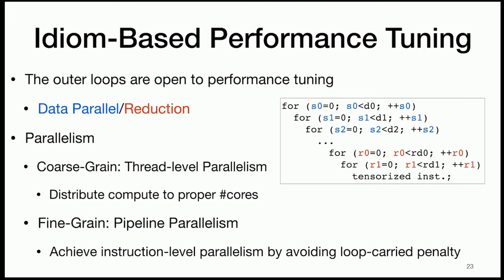By coarse-grained, we mean the parallelism achieved by multi-threading and multi-core. By fine-grained, we mean instruction-level parallelism achieved by pipelined execution. More specifically, when putting a reduction loop in the innermost, the loop-carried accumulation may cause a read-after-write hazard penalty, which should be avoided.